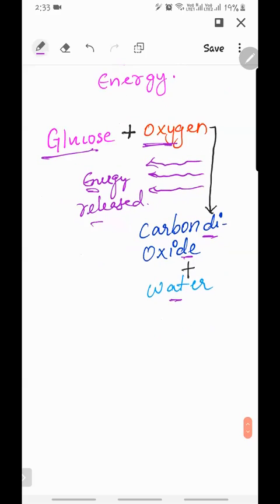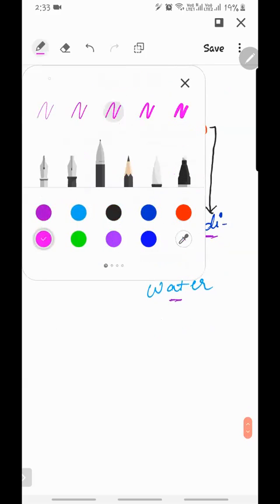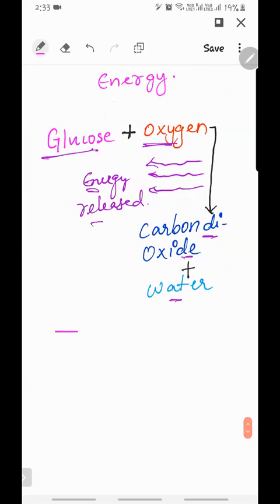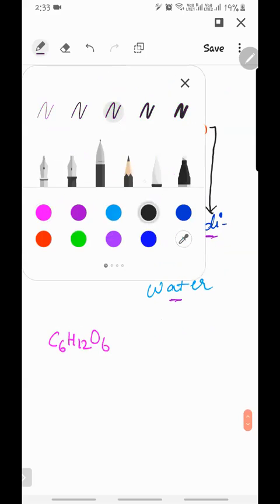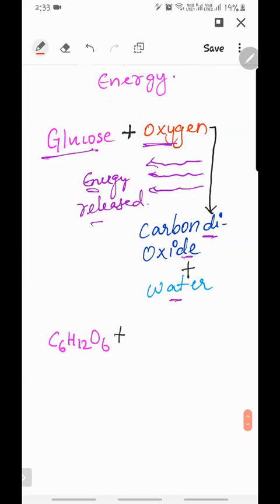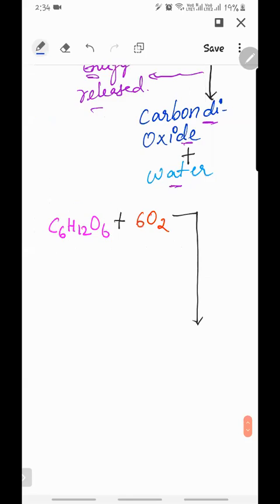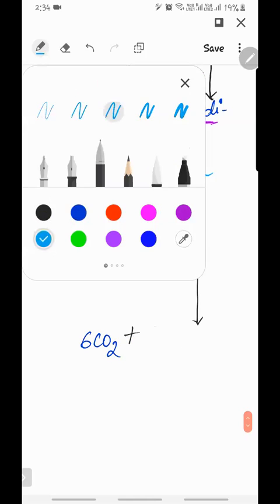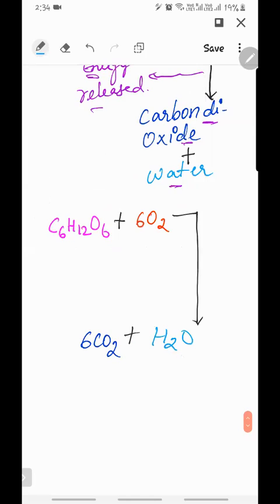So if we see by equation, I'll write with the same color. C6H12O6 plus 6O2 gives 6CO2 plus 6H2O.